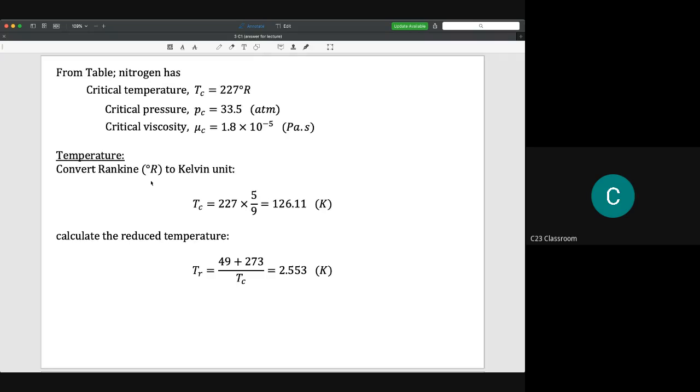The degree R here is actually the Rankine unit, so we could convert it into Kelvin by using this equation. For 227 degrees R, it is equal to 126.11 Kelvin. Then we could calculate the reduced temperature by using this equation, so it becomes 2.553.